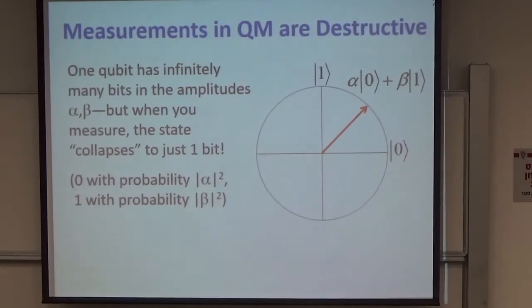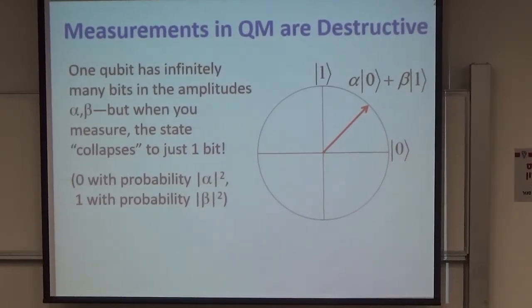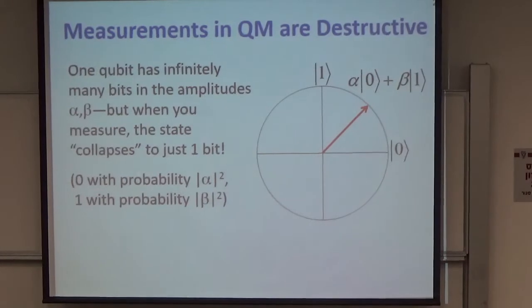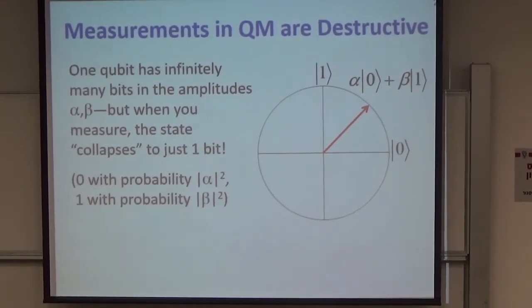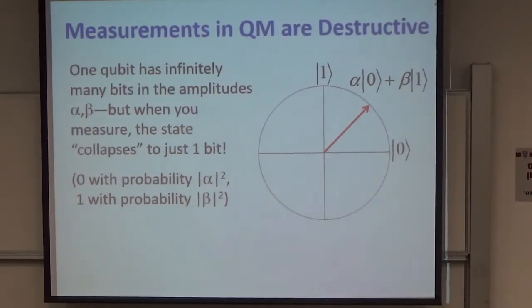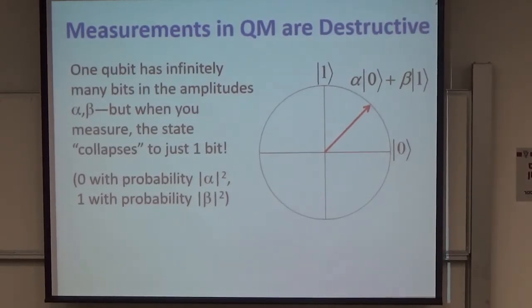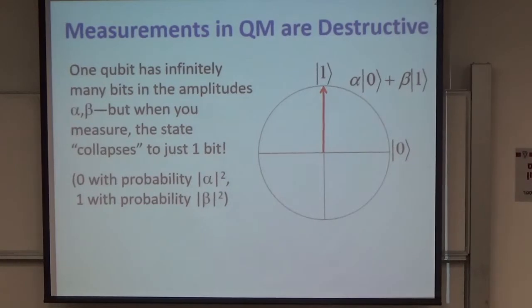But somehow it's not accessible to us. If you were to measure this qubit and ask it whether it's 0 or 1, well then it will just tell you that it's 0 with probability |alpha|^2, and 1 with probability |beta|^2. And then whichever outcome it picks, it will stick with that one forevermore. So in some sense we only get out one bit of information.